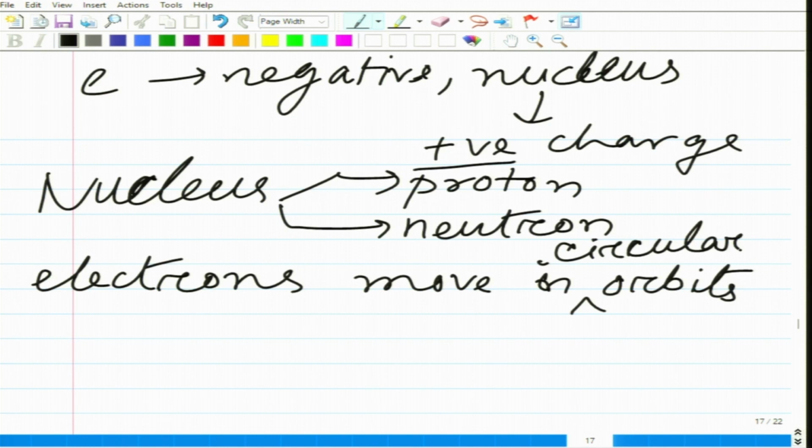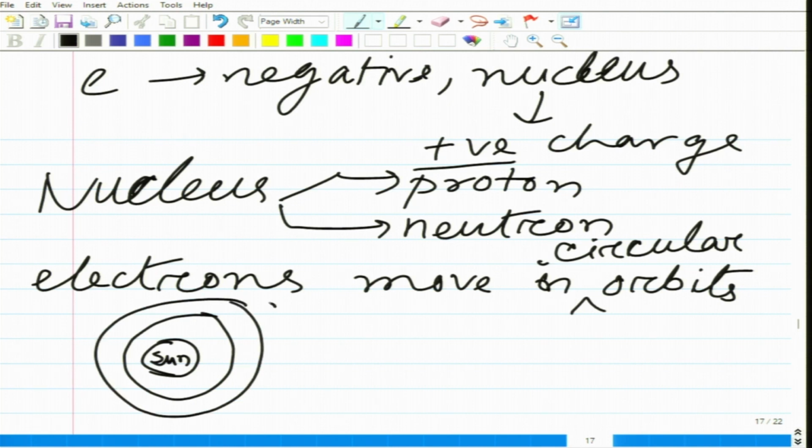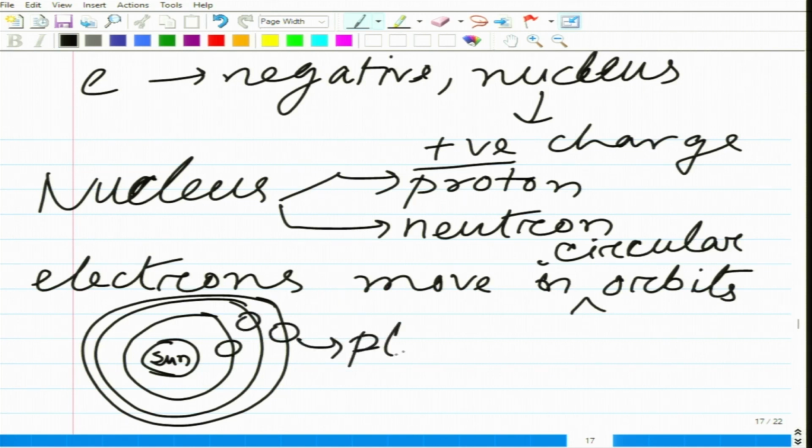So, Rutherford's atomic model was similar to the solar system. We know that in the solar system we have the sun at the center and the planets move in different orbits. These are the planets.